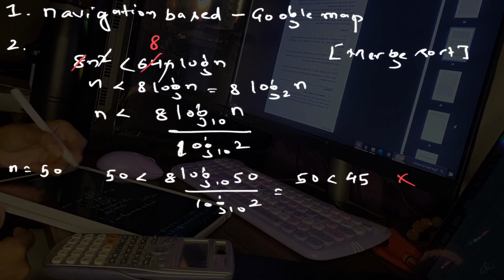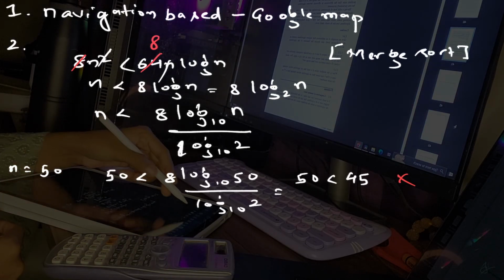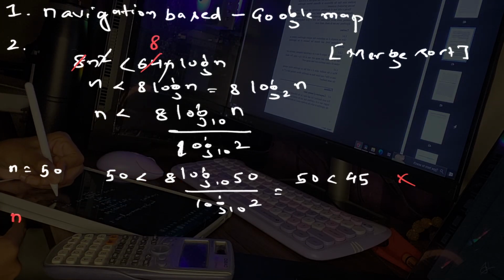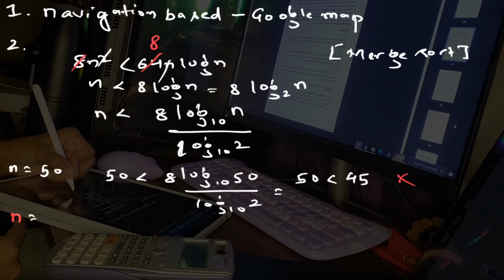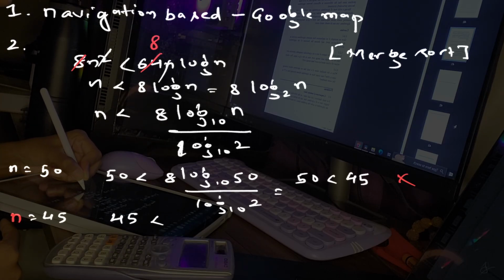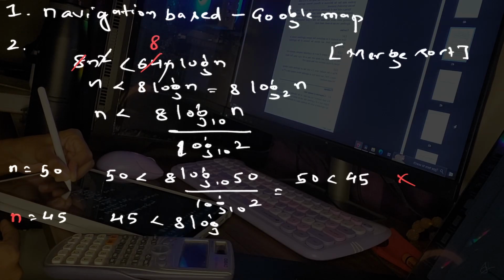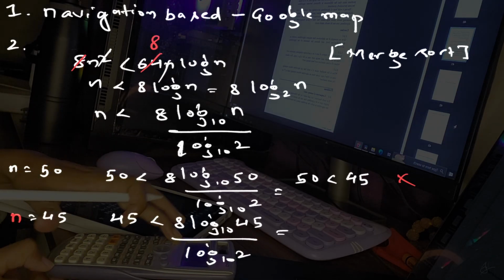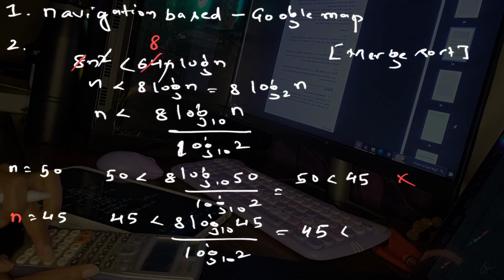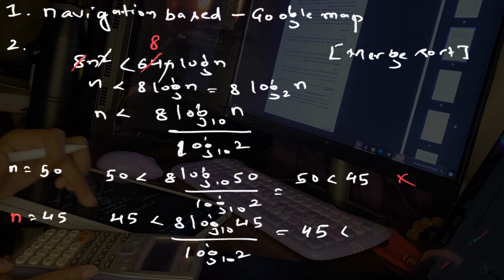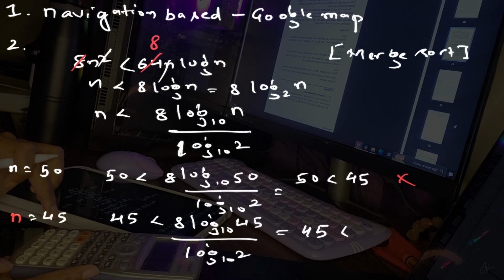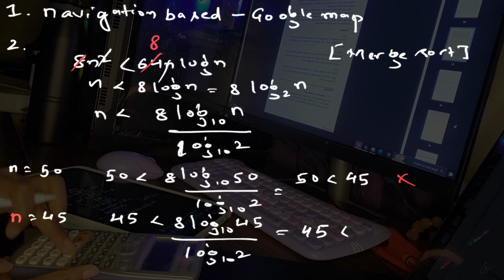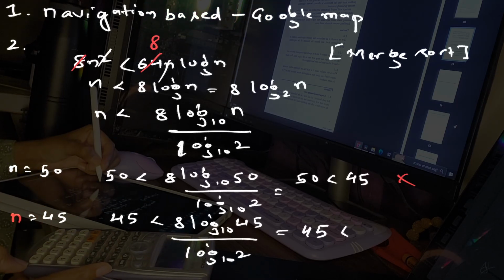That means probably all the values below 49 would suffice. Let's take 45. Is 45 less than log of 45 divided by log 2, multiplied by 8?